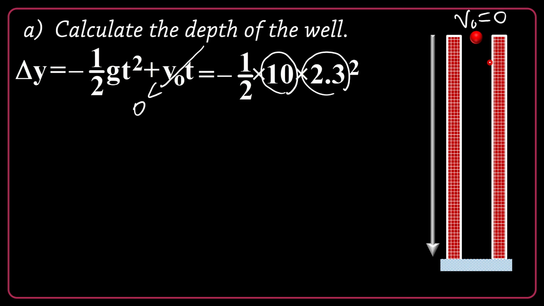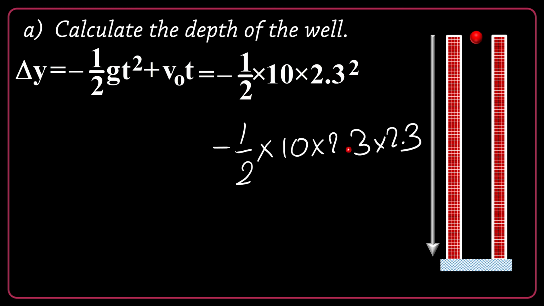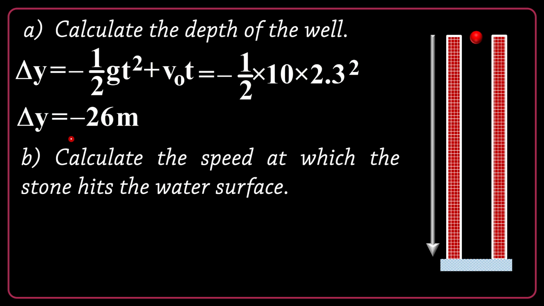The second term will be ignored. Okay, it's very easy. Just use a calculator here. It's negative a half of 10 times 2.3 times 2.3. And then finally, the delta y will be negative 26 meters, but pay attention, for the height, we will get the value to be 26, not negative 26, but anyway, the absolute value is the same.